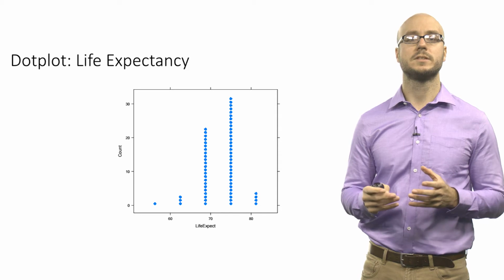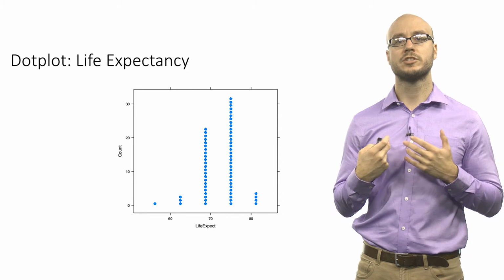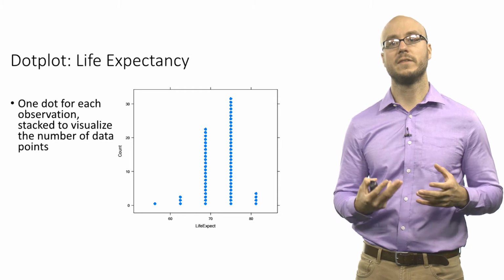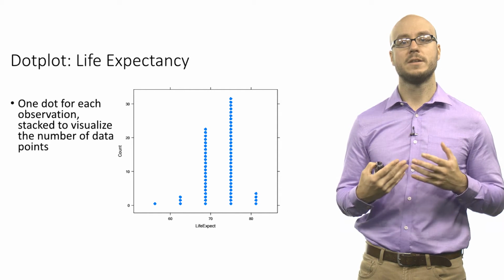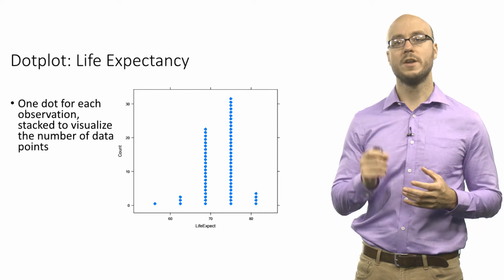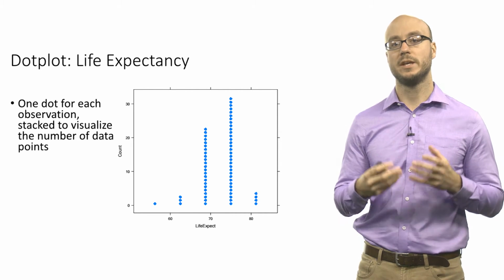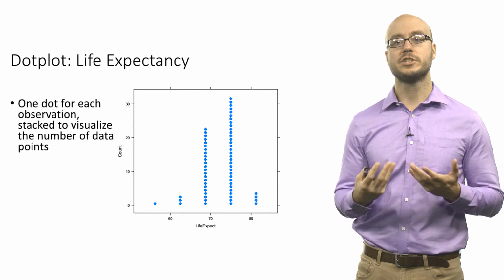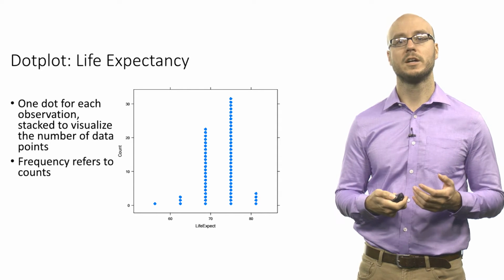A first analysis might entail the construction of what's called a dot plot. So here's a dot plot of life expectancy in our data set. In a dot plot, typically you use one dot for each observation. So here we have a set of countries and each dot is a different country.